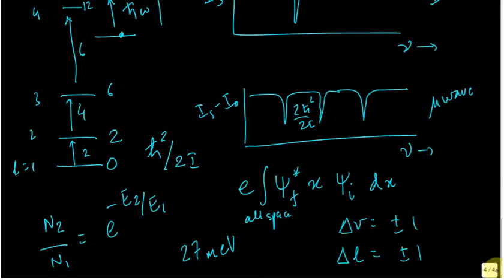The other thing is, if I ask you to estimate the bond strength, and I tell you what the transition is, then you know that it is H cross omega, which is equal to root of K by mu. And if I give you a molecule, of course you know its mass or its reduced mass.